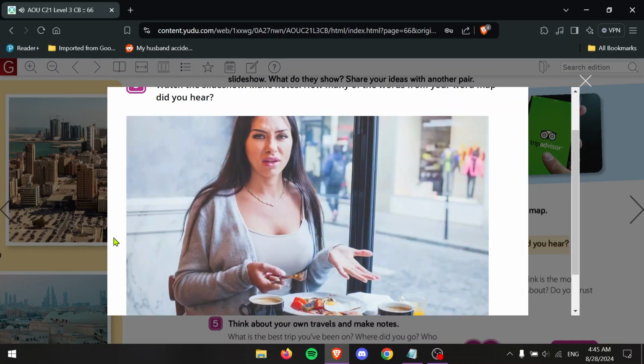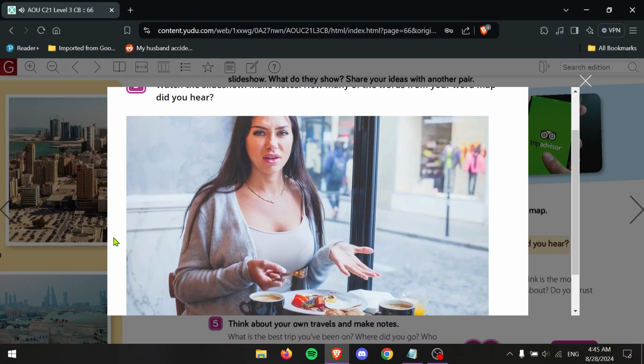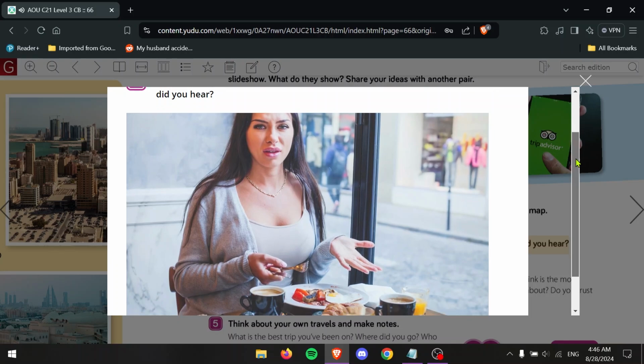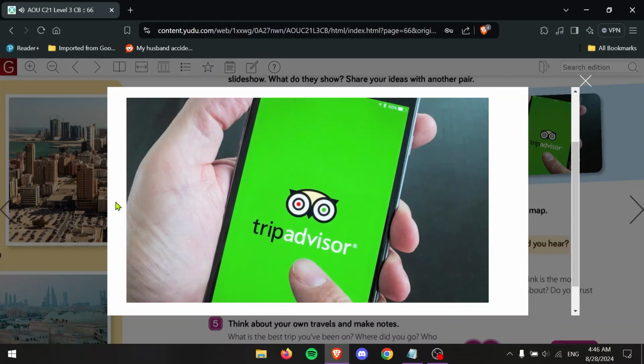Negative reviews can really hurt a business. This means that businesses have to maintain high standards. If a restaurant serves bad food or has rude staff, everyone knows. So, here's a travel tip.